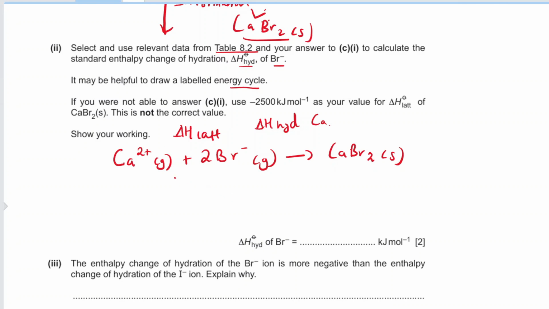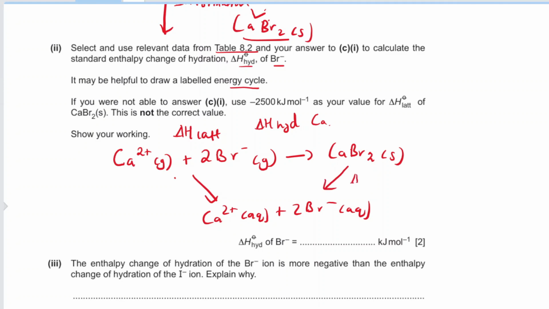So we can keep an arrow going down to show Ca2+ aqueous plus 2Br minus aqueous. This arrow will be a combination of the hydration of calcium plus the hydration of the bromide ion. Then to complete the cycle, the solution can also go down over here.